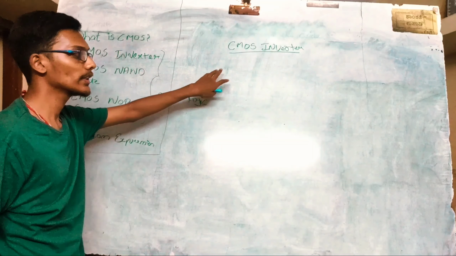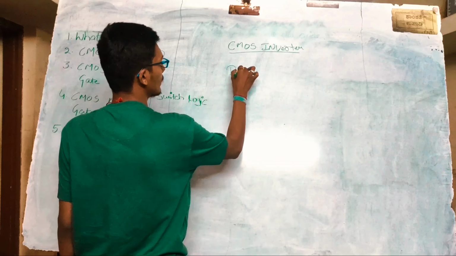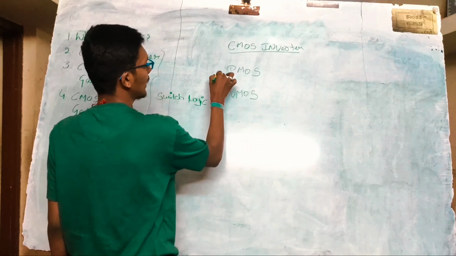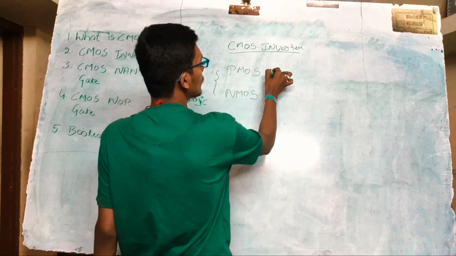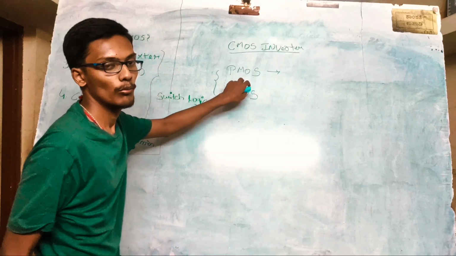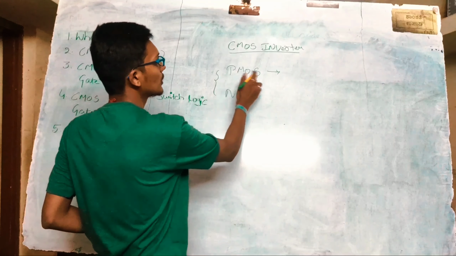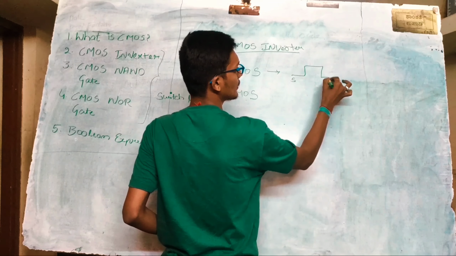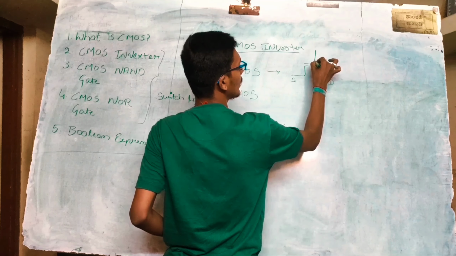Before implementing the CMOS inverter, we have two things known as PMOSes and NMOSes. With the help of these, we'll implement a CMOS VLSI circuit. PMOS is known as P-channel MOSFET and NMOS is known as N-channel MOSFET. The symbol for PMOS is: this is source, this is drain, and here we'll have a bubble.